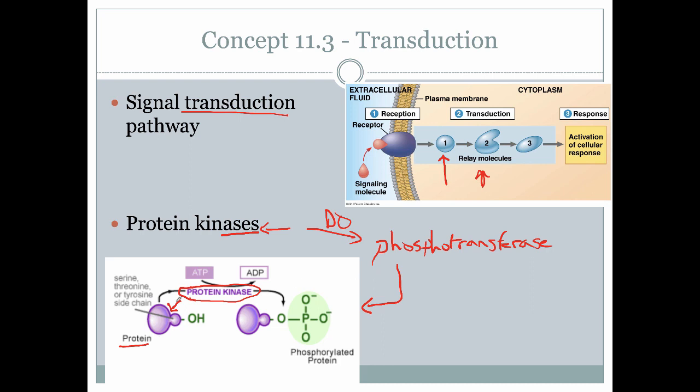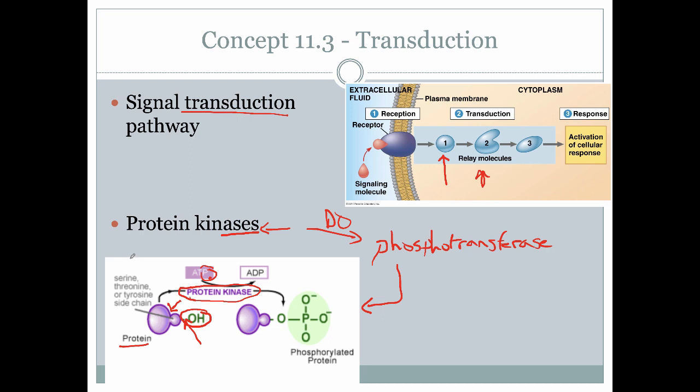And phosphotransferase means it takes the terminal phosphate of ATP and takes it off of ATP and transfers it to the hydroxyl functional group of 3 different amino acids. One of these 3 are going to get what's called phosphorylated. All right. The three amino acids that can be part of this reaction are serine, threonine, and tyrosine. Those are the only three amino acids that can be part of this enzymatic reaction.